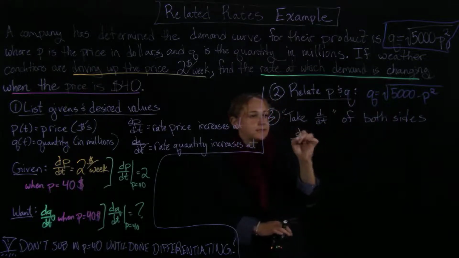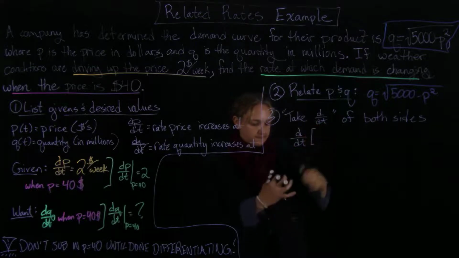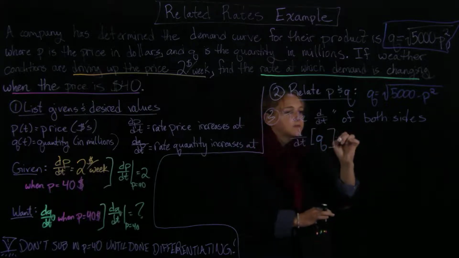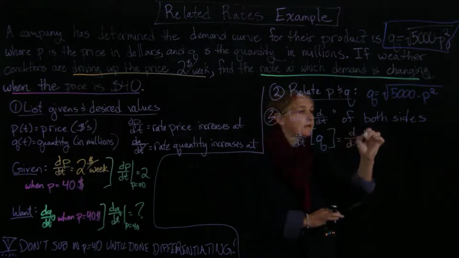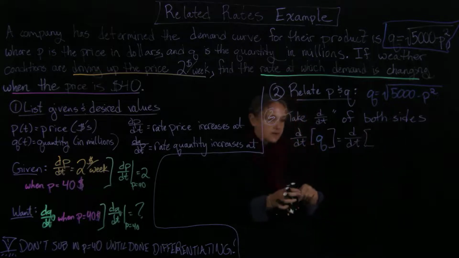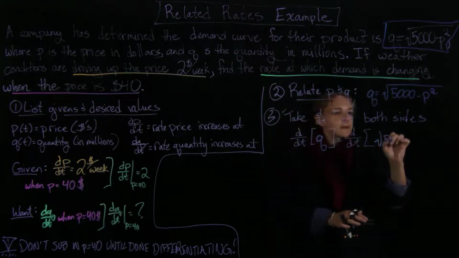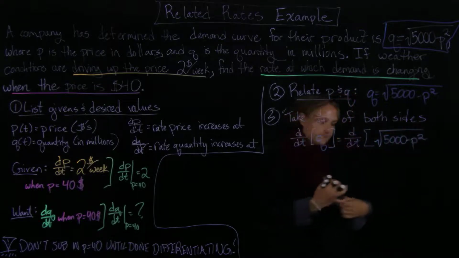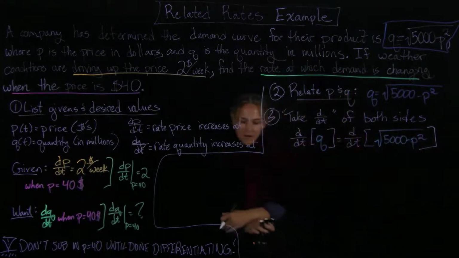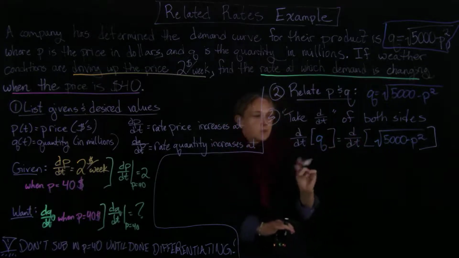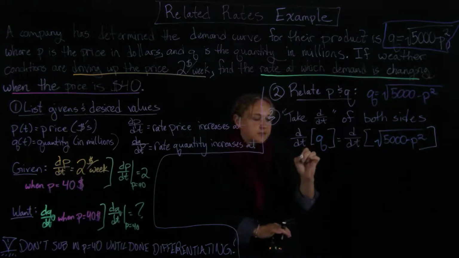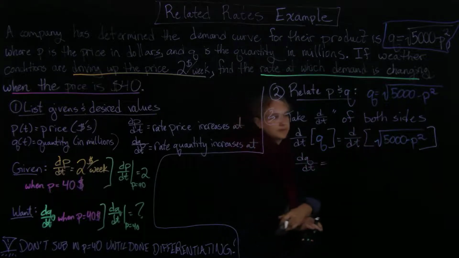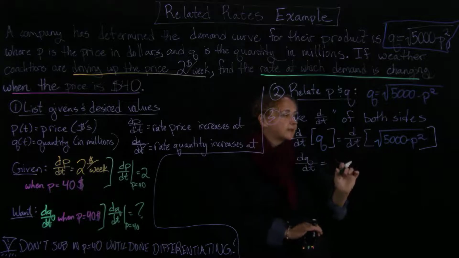So I have d dt of the left-hand side, which is q, and that is going to equal d dt of the right-hand side, so I have the square root of 5,000 minus p squared. Okay, and so on this side, I'm just going to get dq dt equal to, and we're going to do this a little bit carefully because there's some tricky stuff in here.